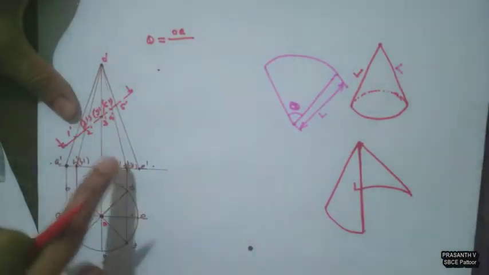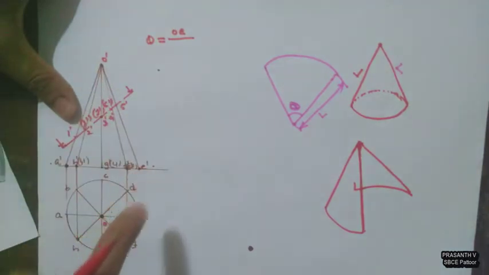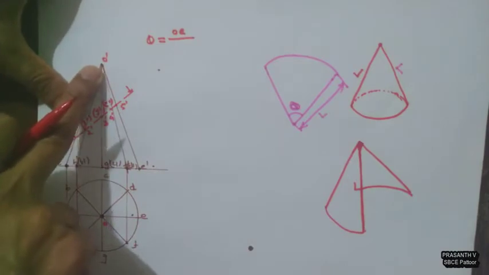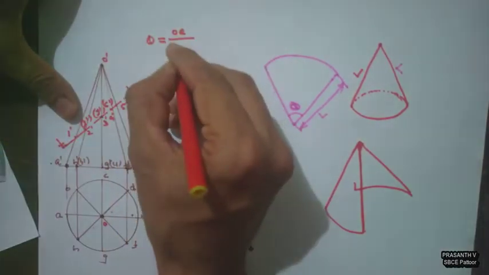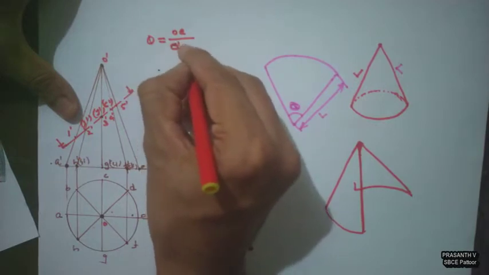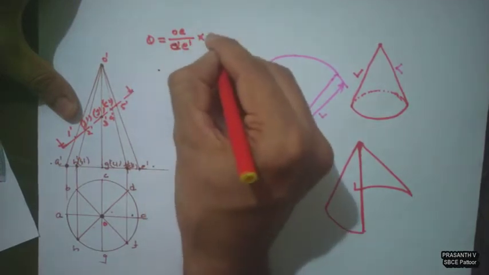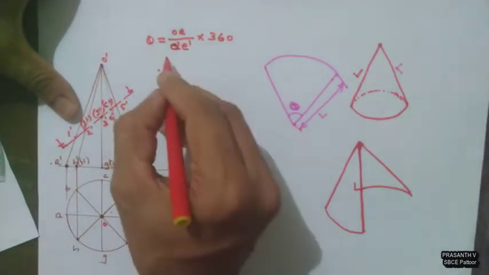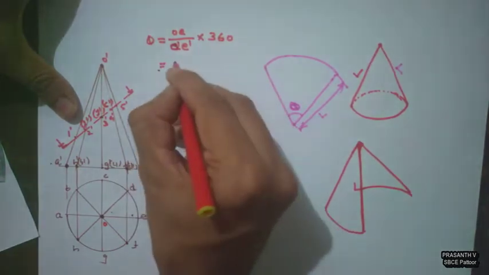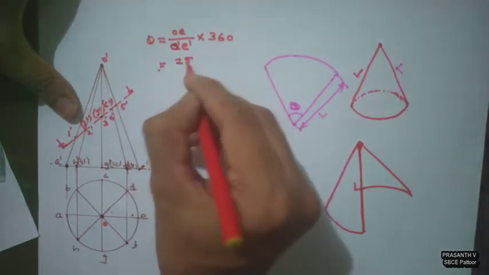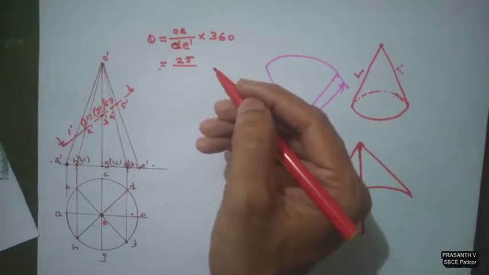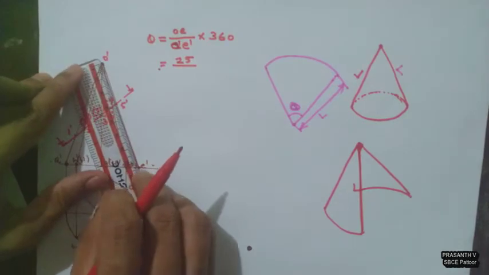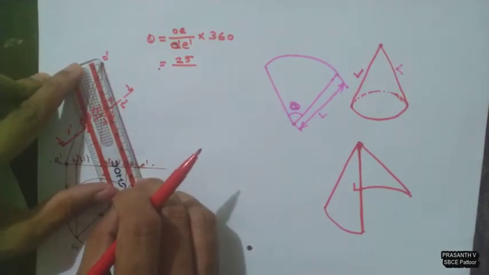The length of the end generator here is O dash E dash. So OE divided by O dash E dash, multiplied by 360, will give the sector angle. If I put the values in this, I get 25 divided by, you have to measure the length of the end generator using a scale. Here O dash E dash seems to be 75 mm.